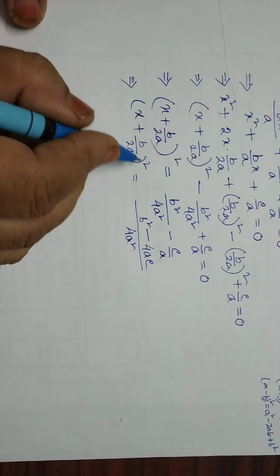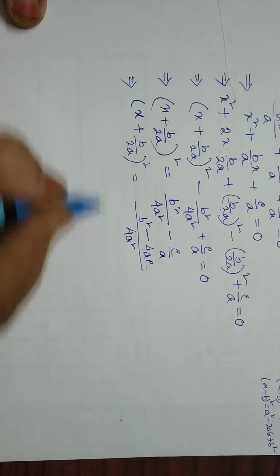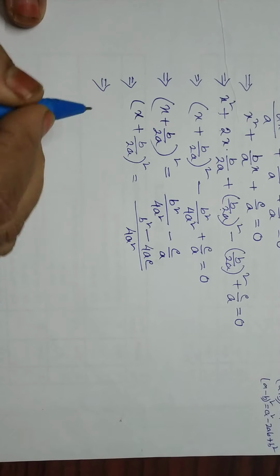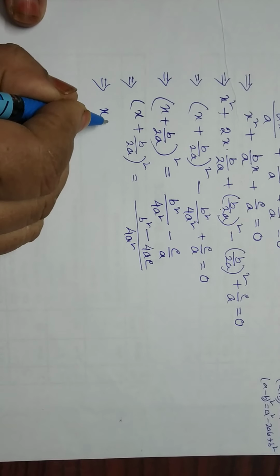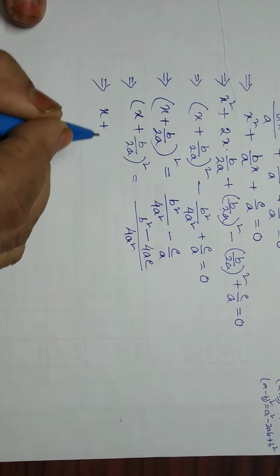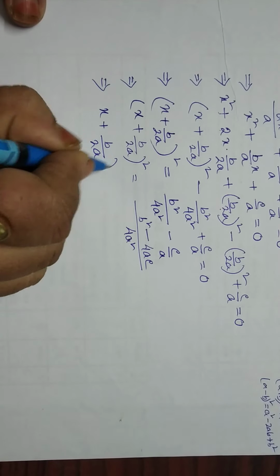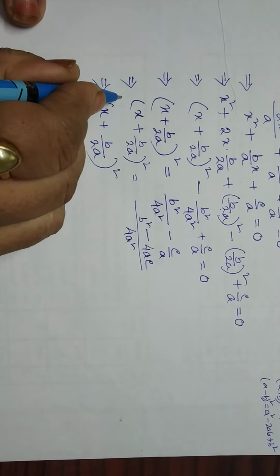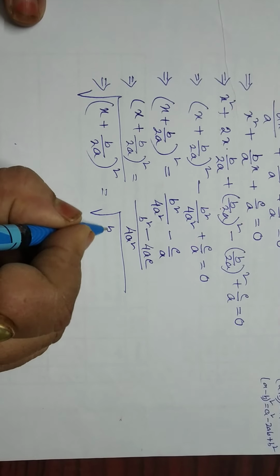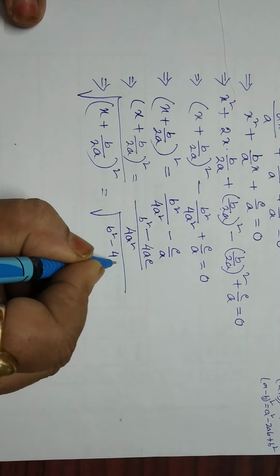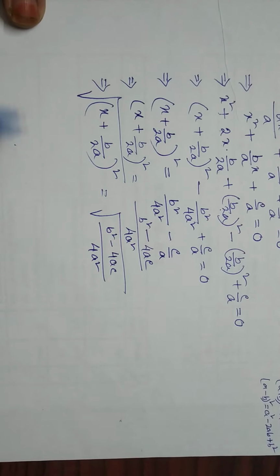Now we find the square root, because we have to remove this square. Now taking square root, we get x plus b by twice a whole square, this one we take square root. On this side also we take b square minus 4ac divided by 4a square.